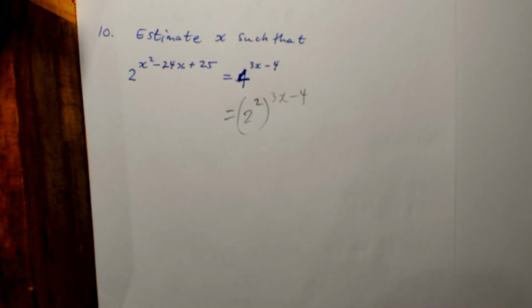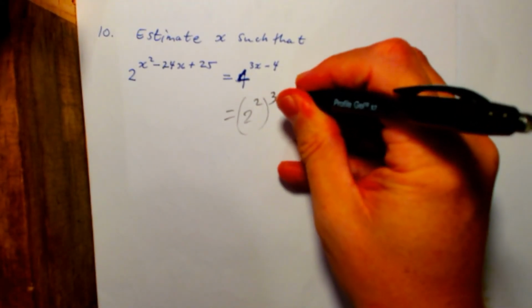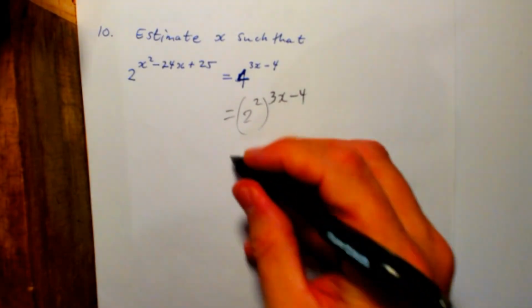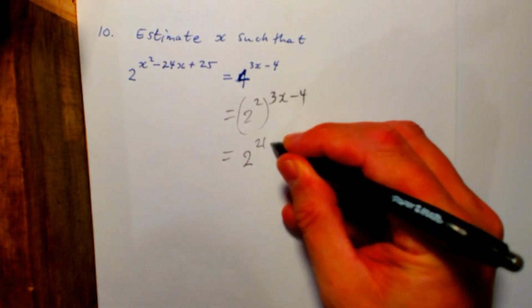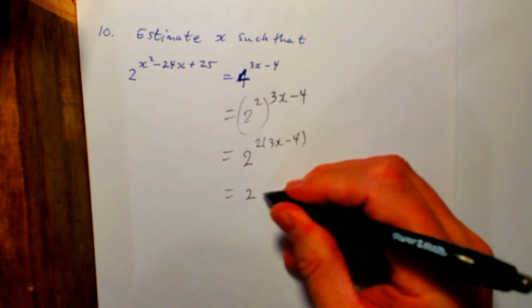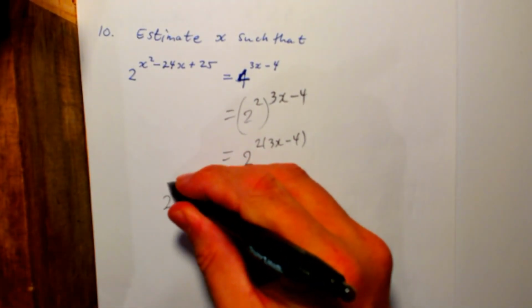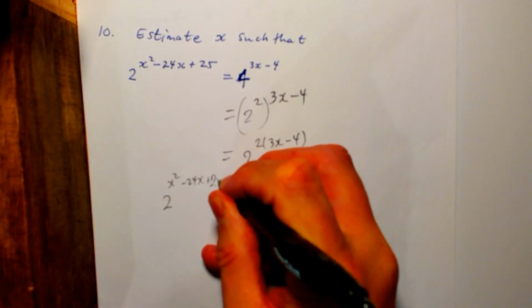I'm going to try some other pens because this pen's going out as well. Now an exponent rule says we can multiply those exponents, so that's 2 to the power of 2 outside of 3x minus 4, which is 2 to the power of 6x minus 8, and this is equal to 2 to the power of x squared minus 24x plus 25.